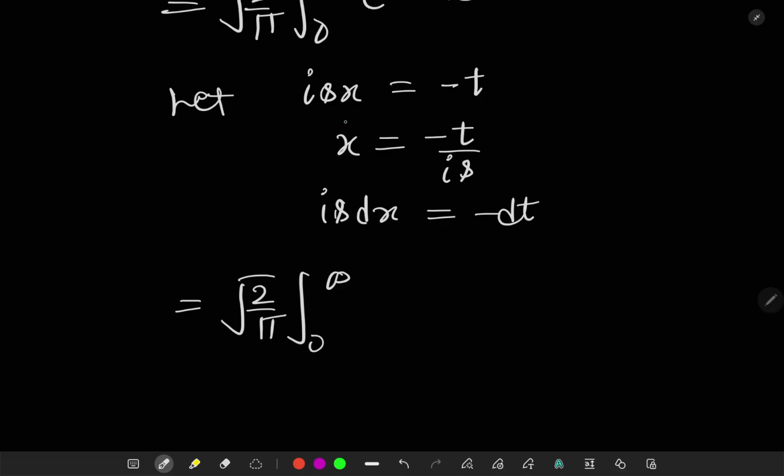Here you can see the limit doesn't change: the value of x equals 0, t is also 0, and for infinity, t is also infinity. So we can write here this.